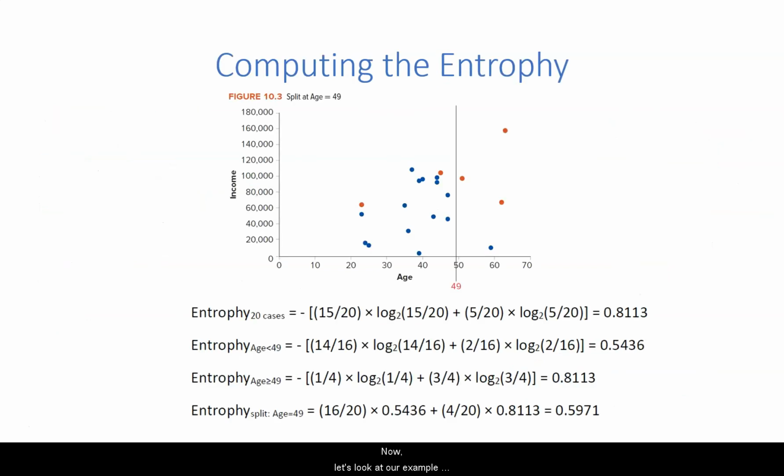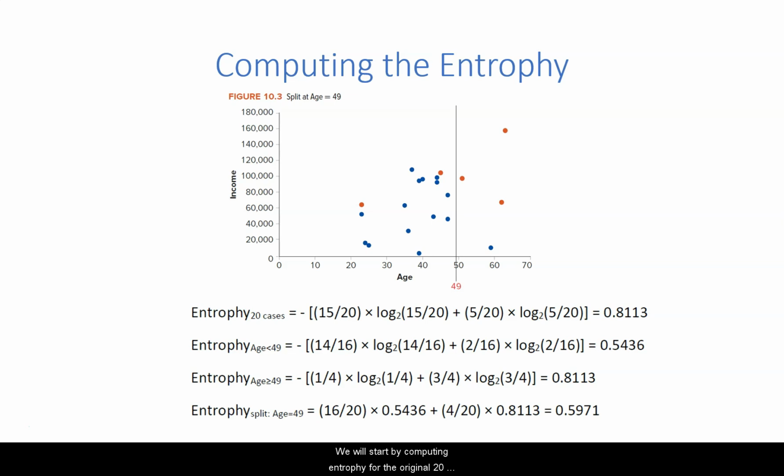Now let's look at our example again. But this time, instead of using the Gini index, let's compute the entropy value for splitting the case according to age equal to 49. We will start by computing entropy for the original 20 cases.